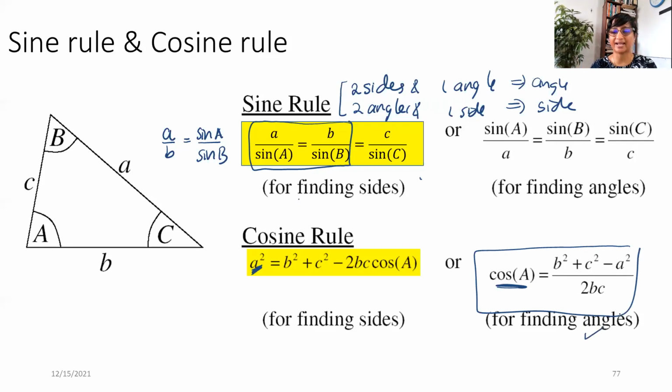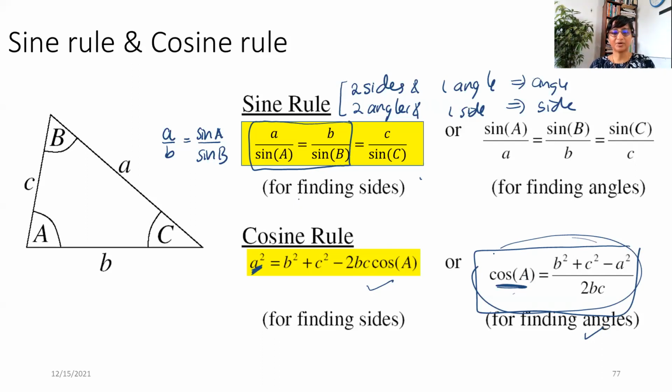When you want to find an angle, it's easier to start writing it this way, because cos A is already the subject, so it's easy for you to work.